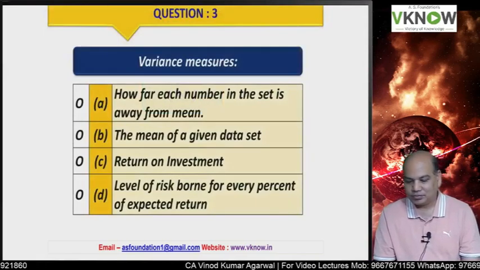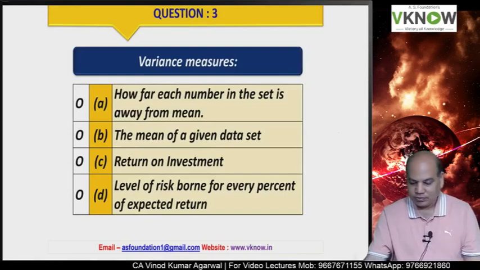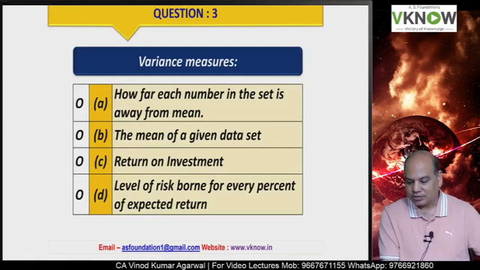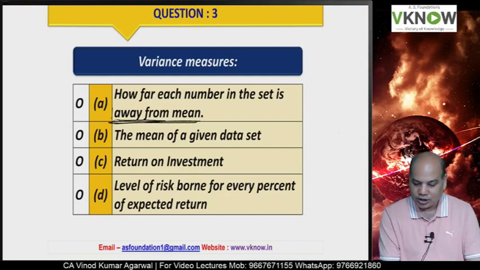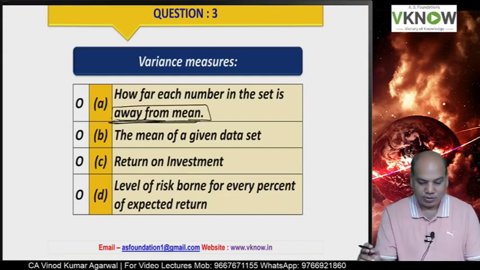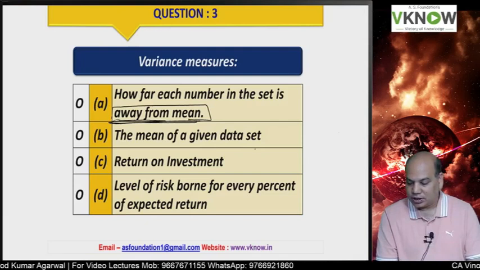Third, variance measures A, how far each number in the set is, just write this also if not printed in the book, away from the mean. The second line, away from the mean, is not typed. Please write it in your book if not typed. B, the mean of a given data set.